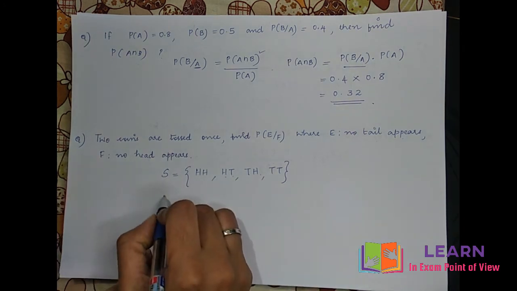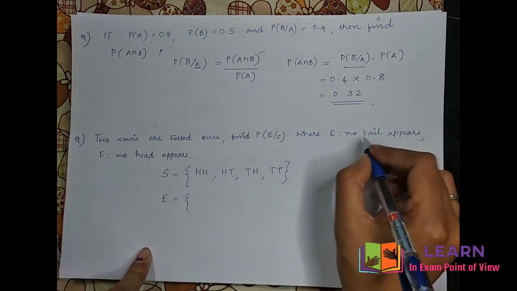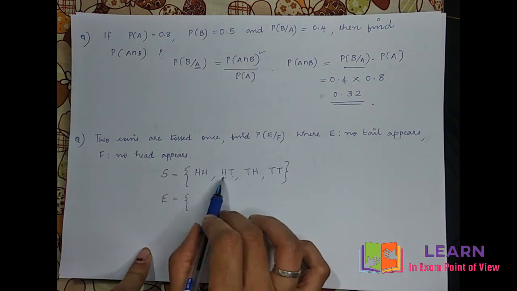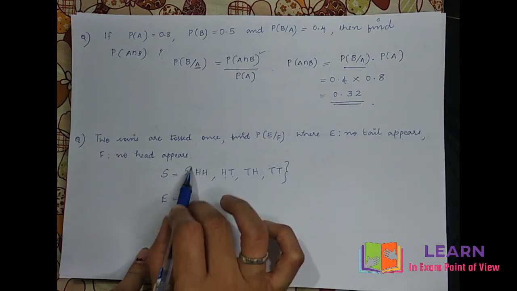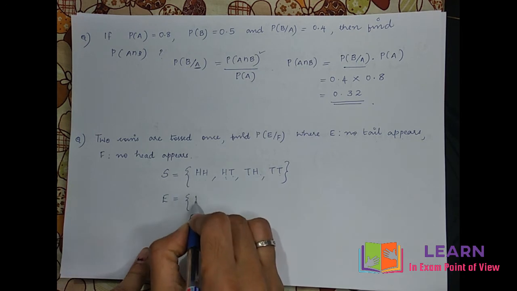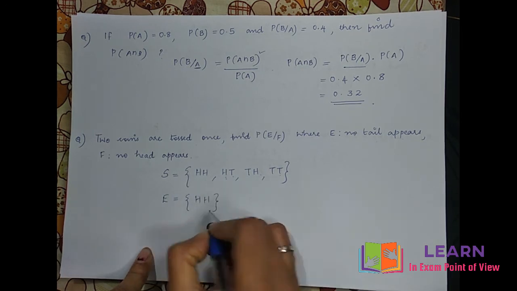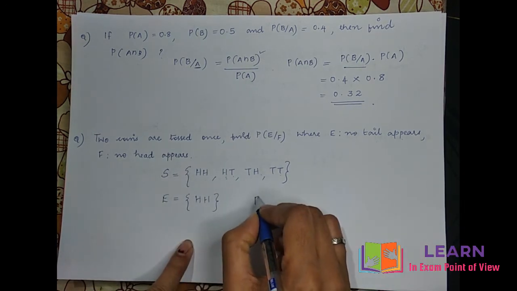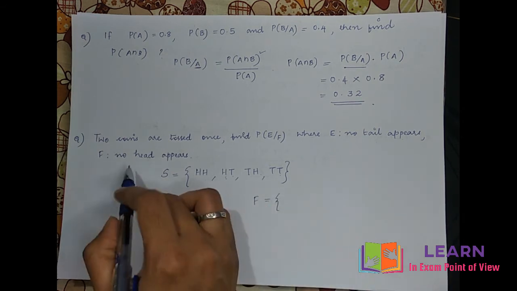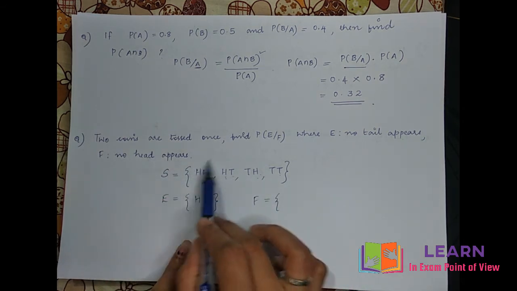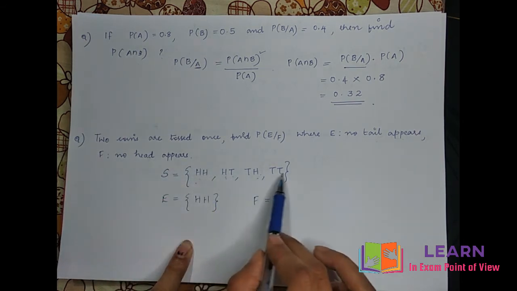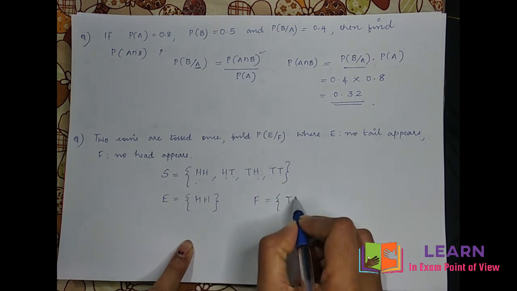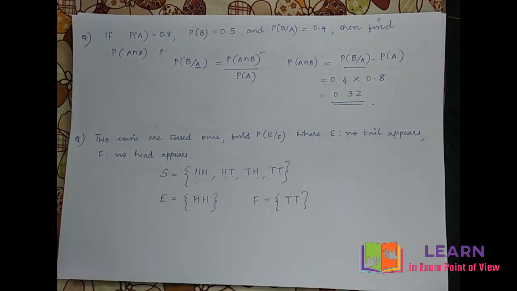Okay, so what is E? E is no tail appears. In three of these cases a tail is there, so only both heads remains, that is E. Then what is F here? No head appears means the other three cannot be used, so only TT, only tails.